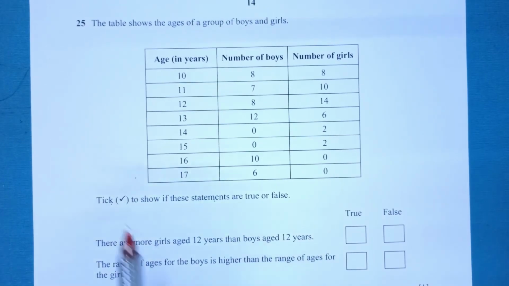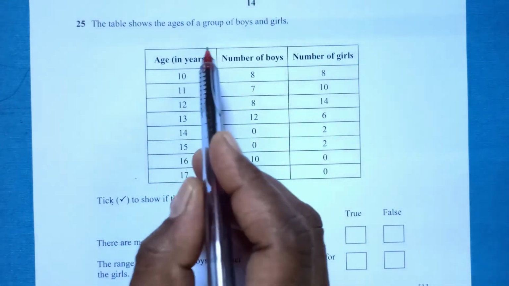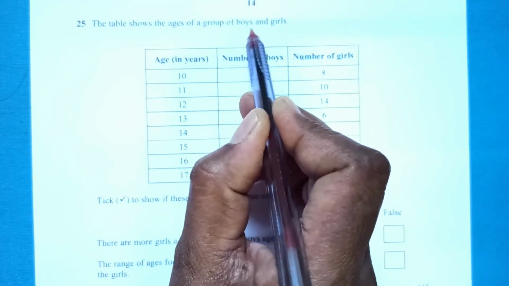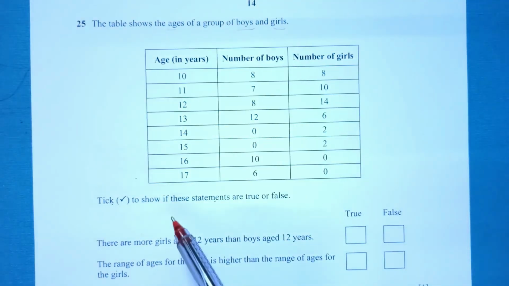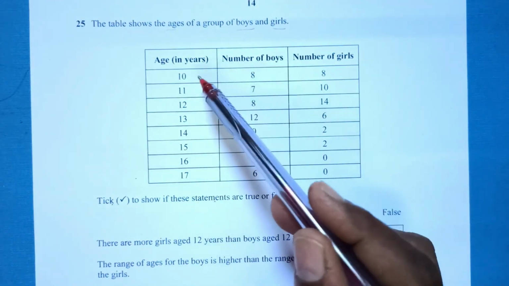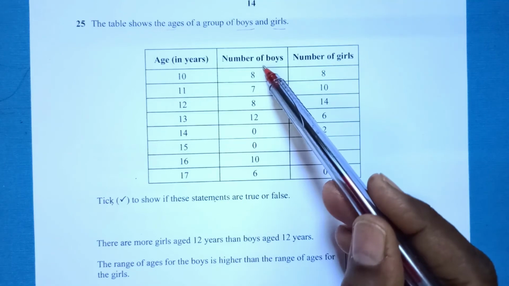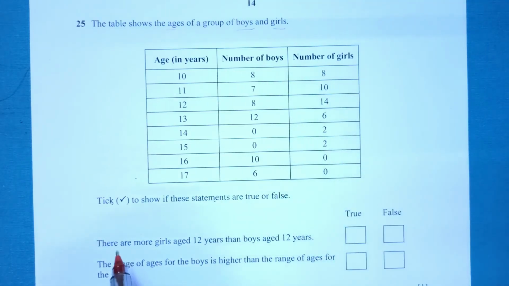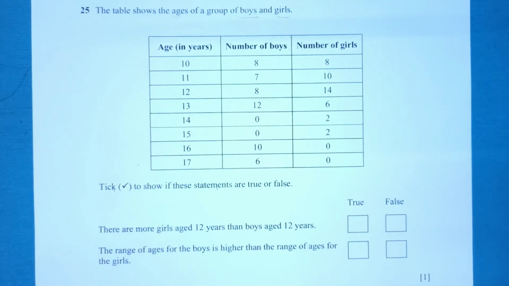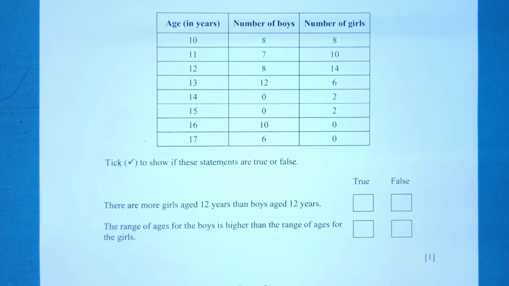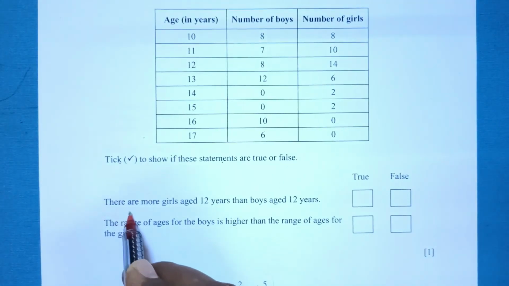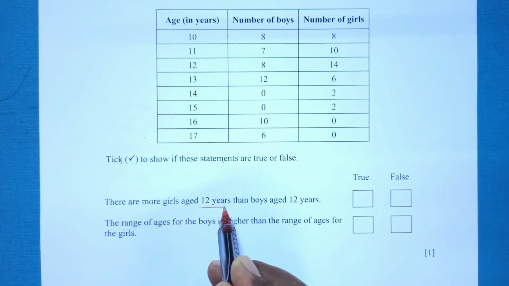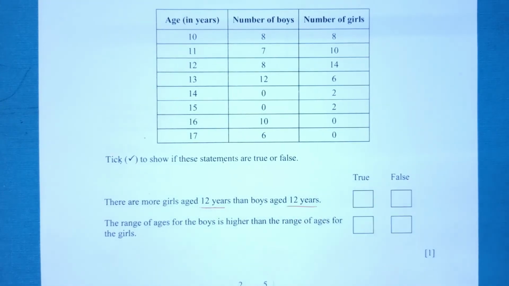Question 25. The table shows the ages of a group of boys and girls. Here are the ages in years. There we have number of boys, number of girls. Tick to show if these statements are true or false. Let's see. The first one is there are more girls aged 12 years than boys aged 12 years.